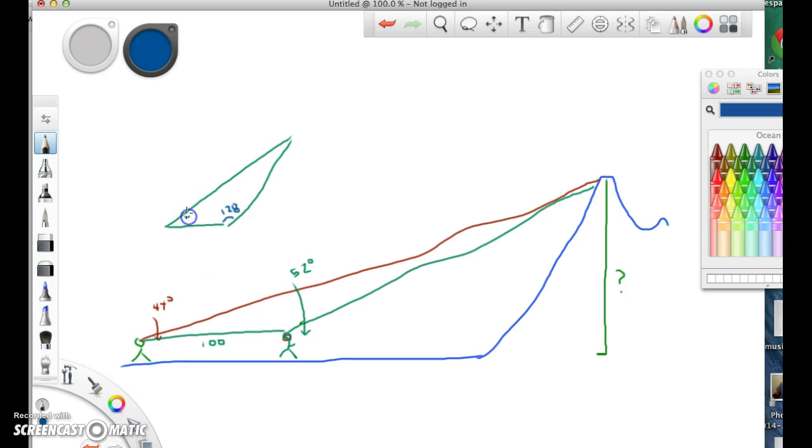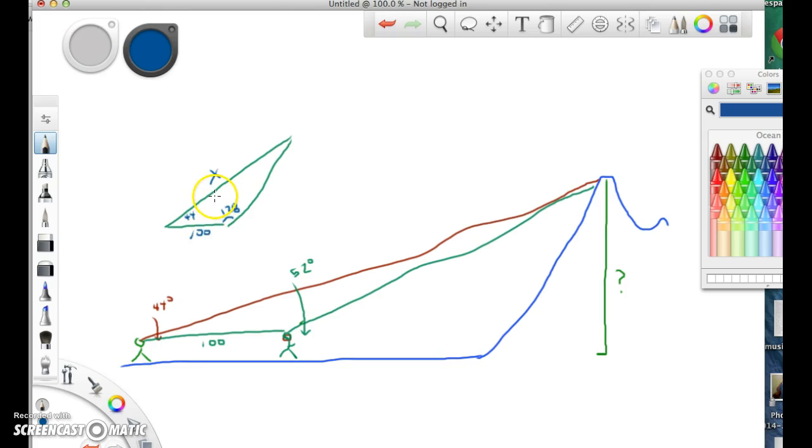And this is 44. And this was 100. There we go. So now you could use the law of sines to get the hypotenuse right here. So go ahead and use the law of sines to get this length. Let's do it real quick.